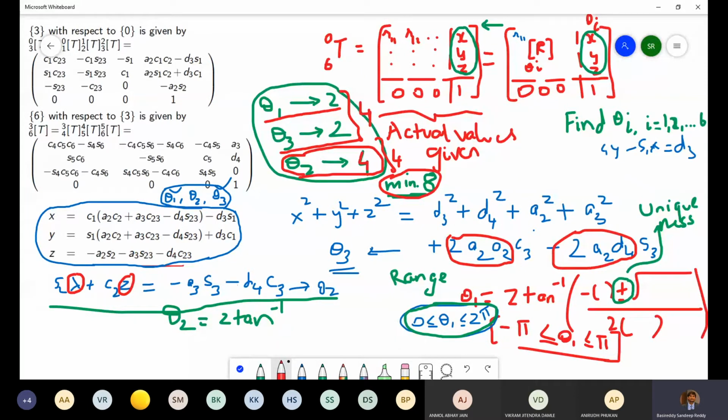In any case, if you have any doubt, as I said, just open Robo Analyzer for various robots. They have shown how many solutions are there, inverse kinematics. This is as a practice, you can do this. All you have to do is just substitute whatever is the XYZ position and some orientation terms, and the solutions you will see.